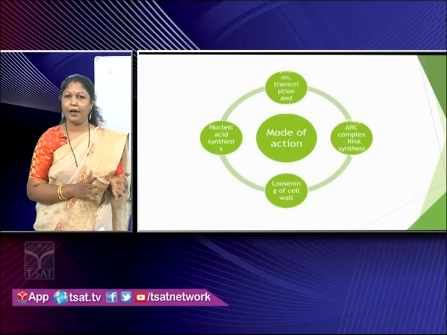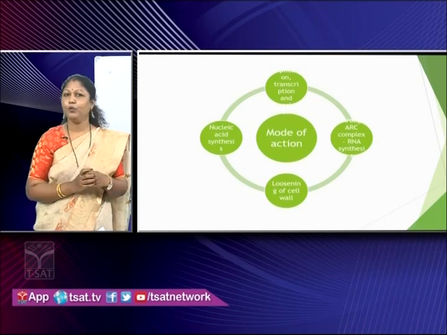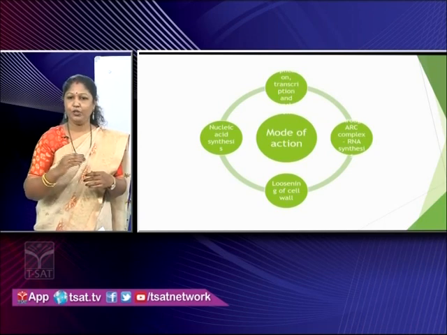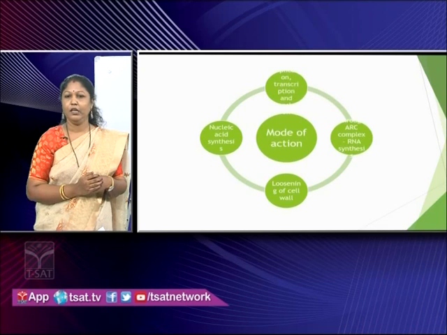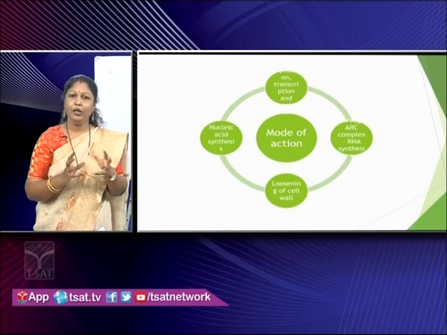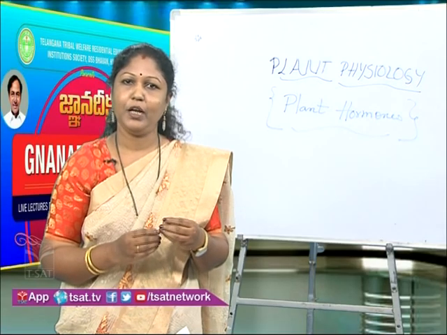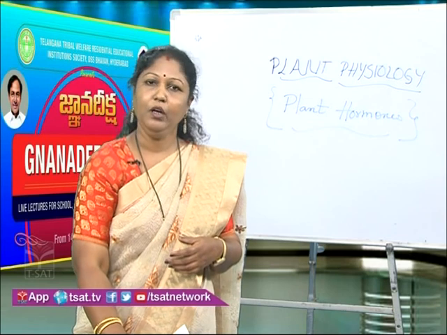Either directly or indirectly, they keep acting on, interfering with or promoting DNA synthesis or RNA synthesis. These auxins have a receptor complex where they bind with certain specific proteins which help in RNA synthesis. And as I told you, in the case of cell enlargement, when the auxins are present, they help in dissolution of the middle lamella. This is how their mode of action varies depending upon their nature.